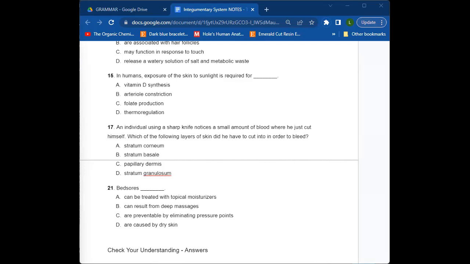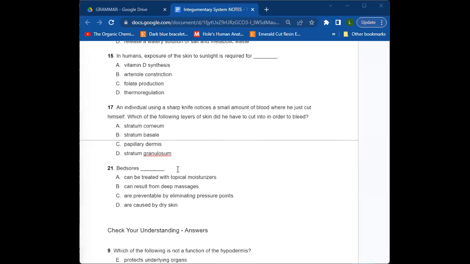Okay, so for 17, I picked C, and for 21, I picked C. Perfect. All right, we can stop there for today.